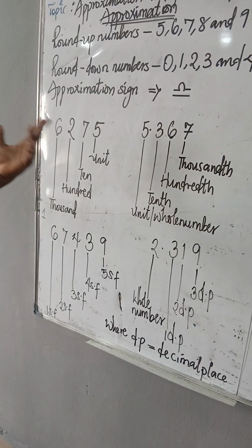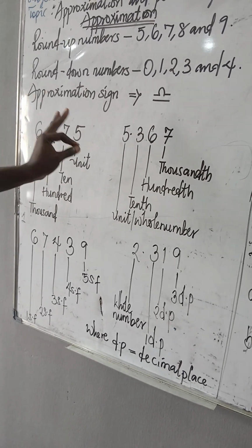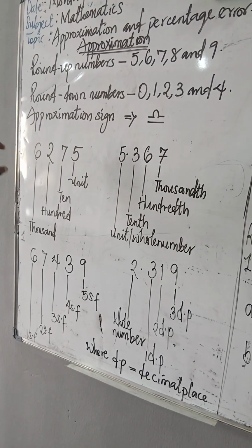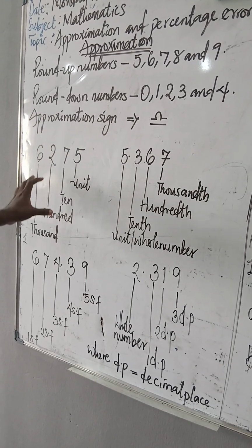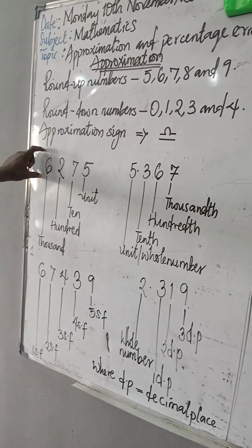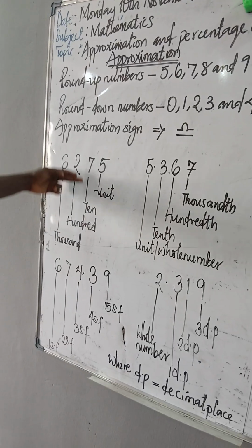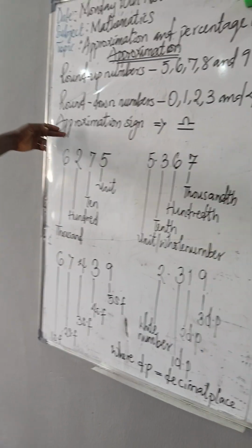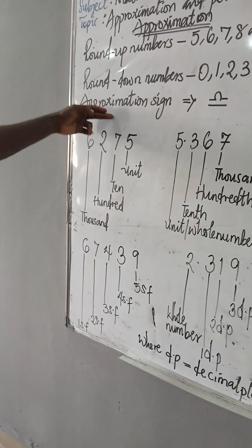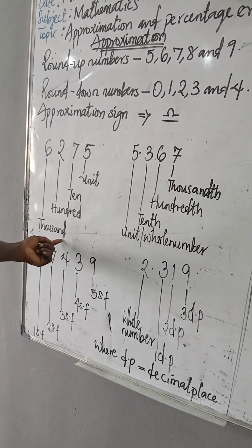So let's look at the different positions of numbers when you approximate values. Like the place value system, which has to do with knowing the exact position of different numbers when they are given, it's the same as approximation of numbers. Look at the first one. You have units, 10, 100, and then 1,000.